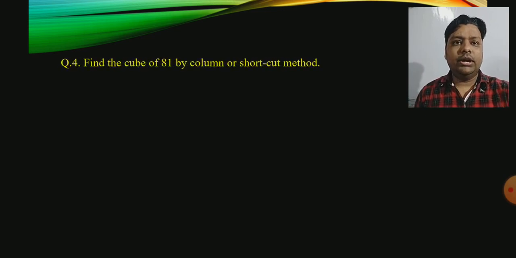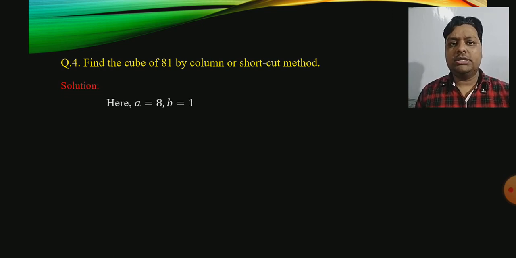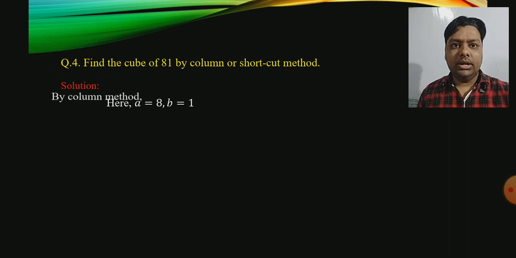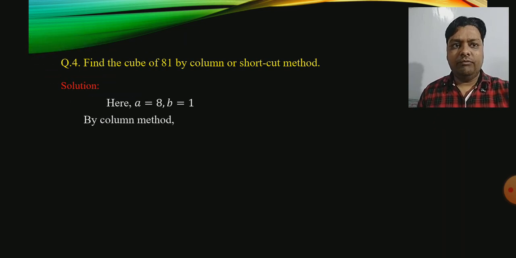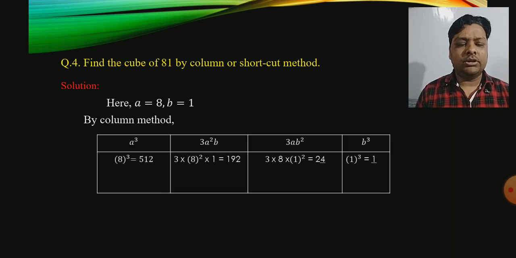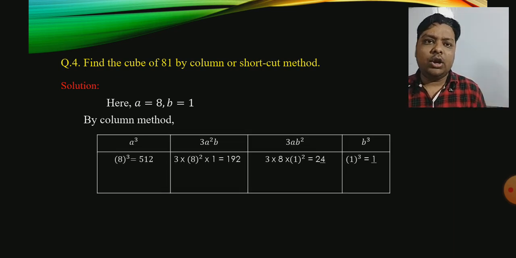Now, this time we have to find the cube of 81. So again, at first, here you can see that the value of a is 8, the tens digit, and the value of b is 1. Now, again, at first by the column method, we will draw the columns. We will write a cube, 3a square b, 3ab square, b cube. And then after putting the values, we will get the result.